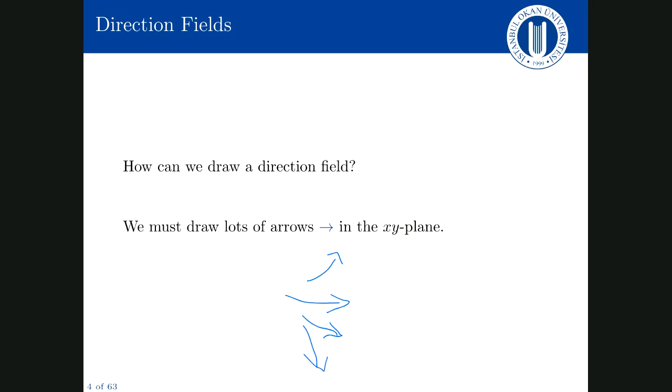These are all okay. We should not have arrows pointing to the left. These arrows in red we should not see. All of our arrows should point to the right because we're asking what happens when x increases.